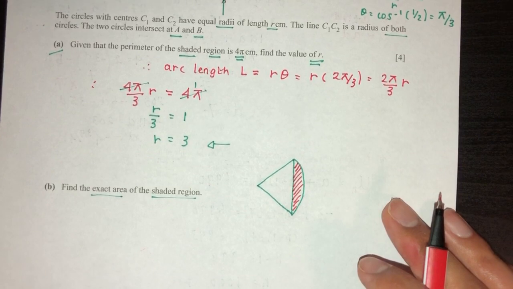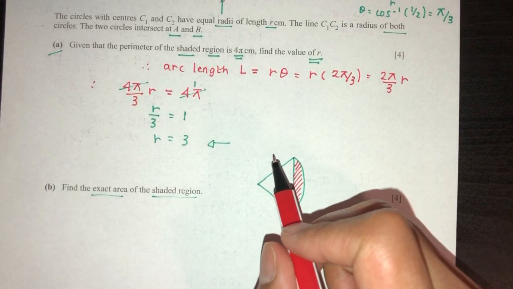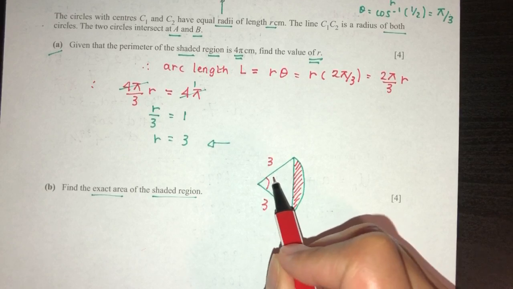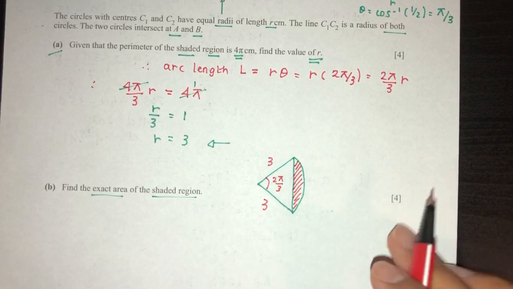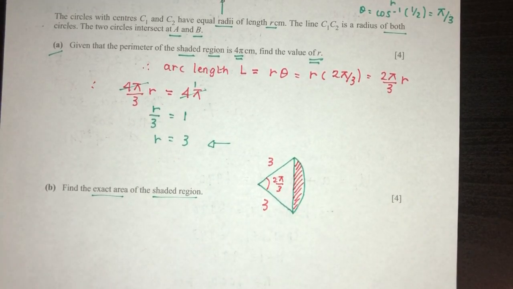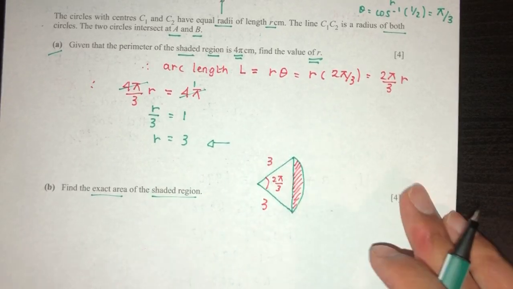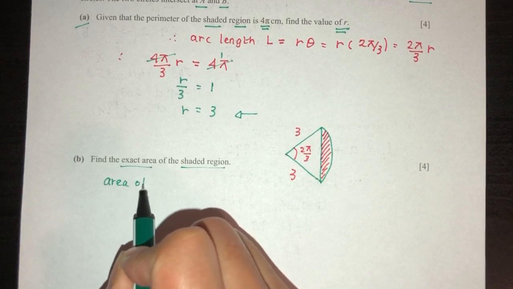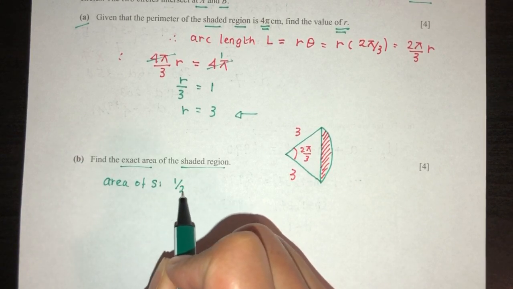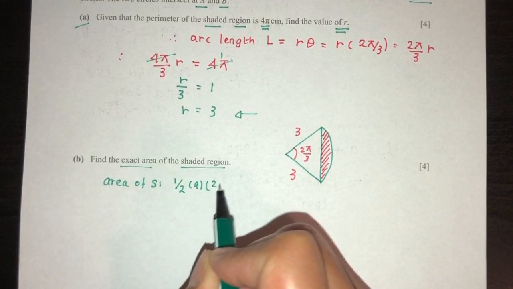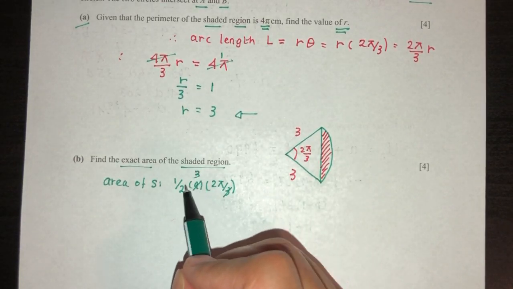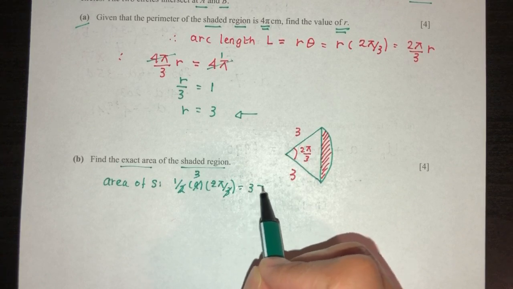How can we find this? We have that the radius is 3, this is 3, and the angle here is 2 pi over 3. To find this area, we must first find the area of the sector. The area of sector should be half r squared theta. That will be 3, the 2s go away, so 3 pi.